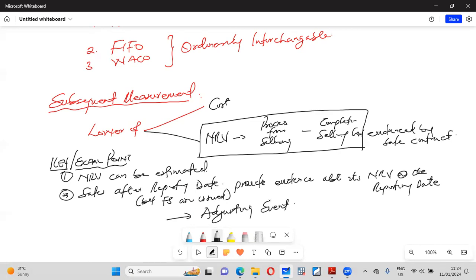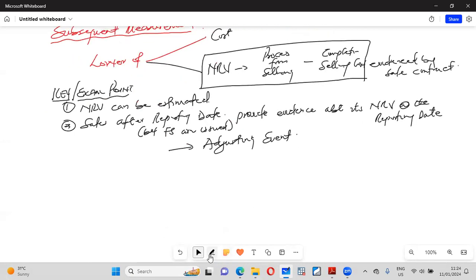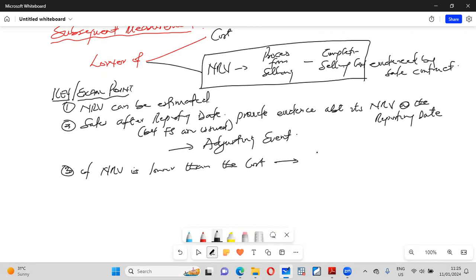Okay. Exam key number 3. Exam key number 3 is that if the net realizable value is lower than the cost, then it means what?